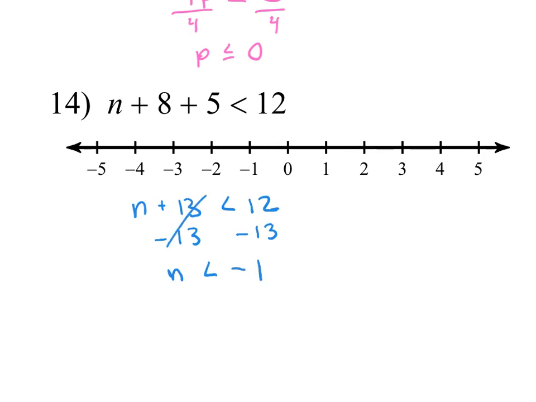Do we put an open or closed circle at -1? Open. And are we going to go left or right? Left. So n is less than -1, so we go in the left direction. Any questions on this one?